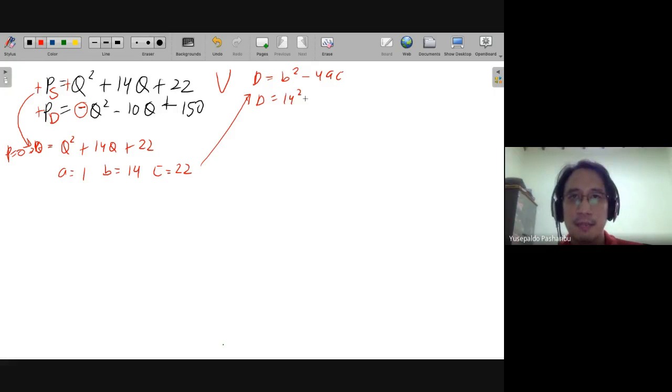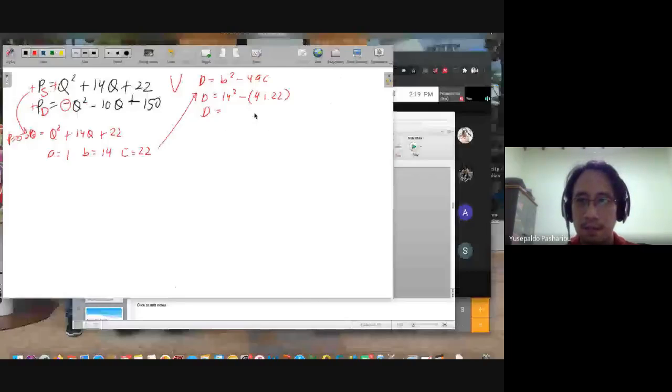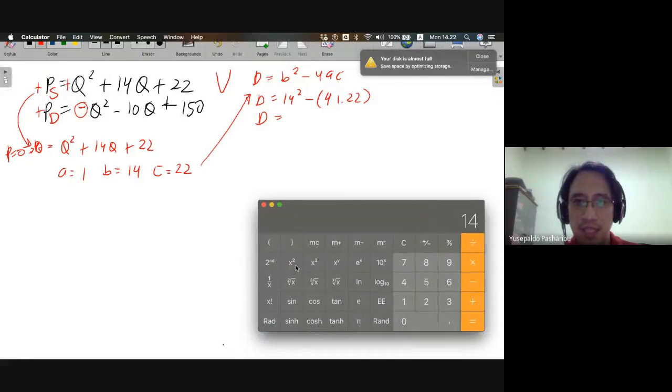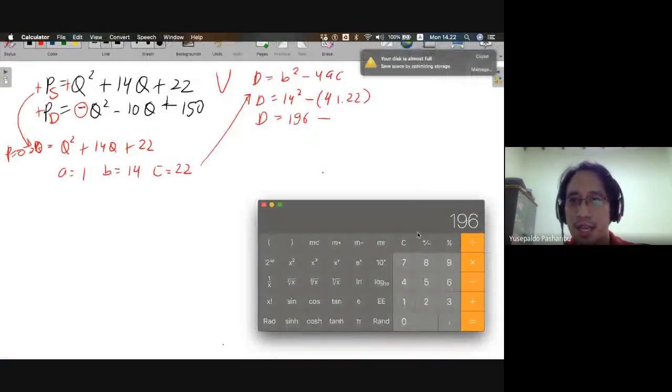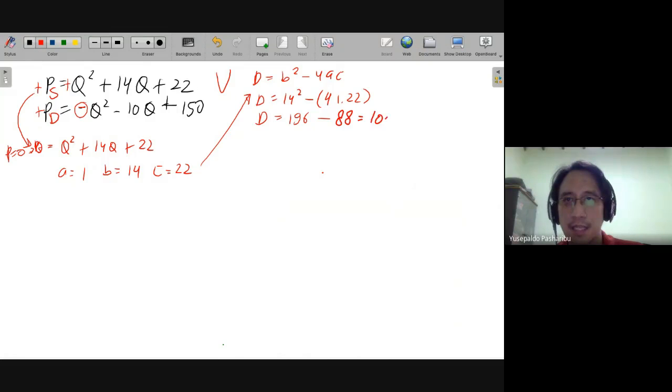B squared, 14 squared, minus 4 times A times C. D equals 14 squared, 196, minus 4 times 22, which is 88. So 196 minus 88 equals 108, which is positive.